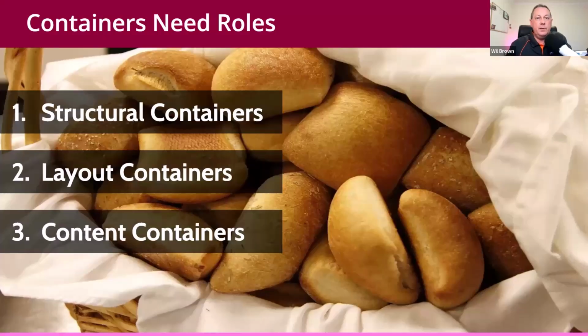The key for this 3-layer model is to have one responsibility per container. So it's either structural, or layout, or content, and then you repeat that structure throughout the page. If one container is doing spacing, alignment, and breakout overrides, that's usually too much, and that's where things break down, because you're trying to do too much within this one particular area.